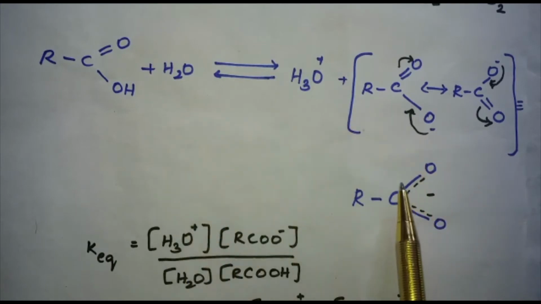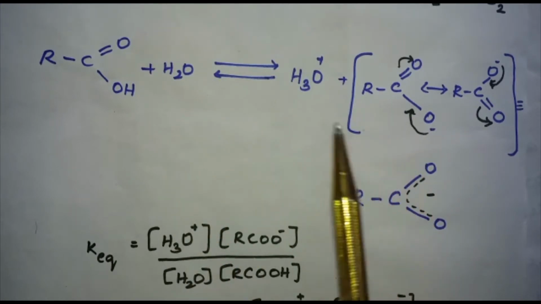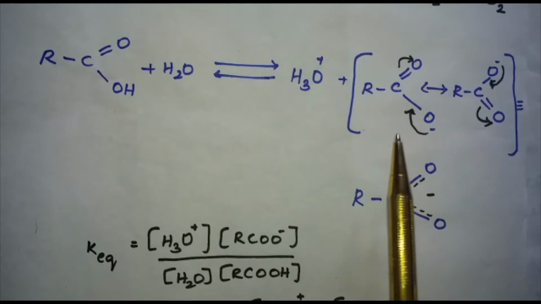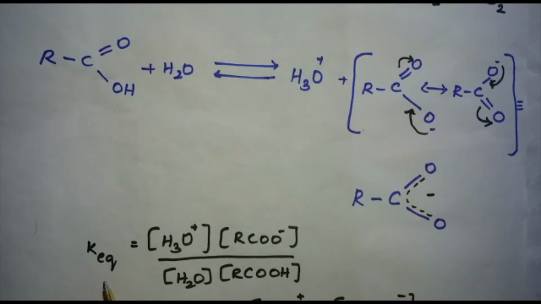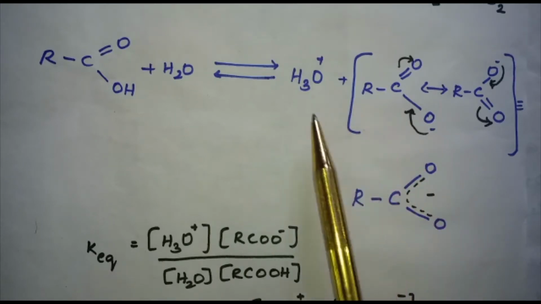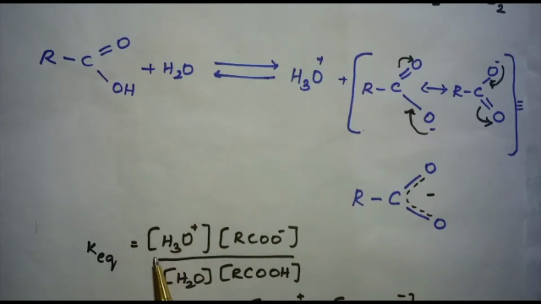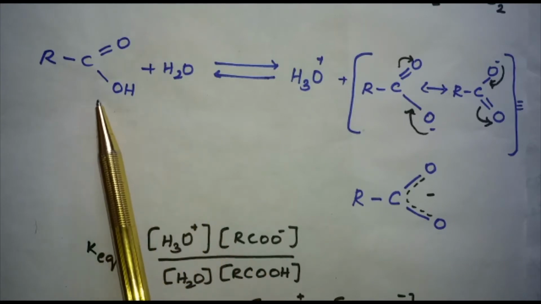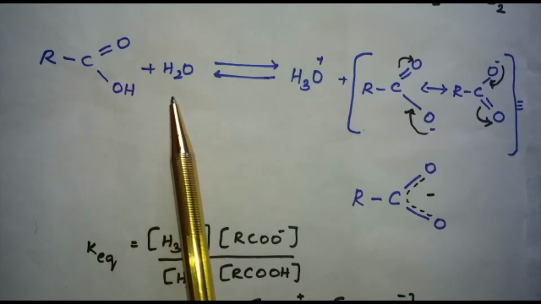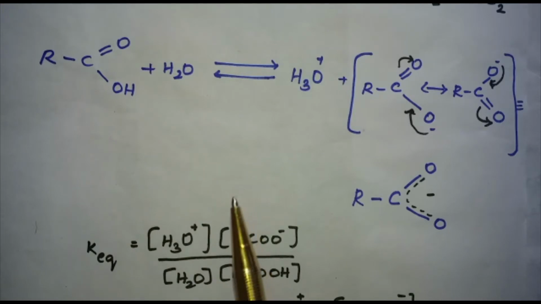For this reaction, we can write the equilibrium equation, that is, K equilibrium is equal to the concentration of products by reactants. The numerator is the concentration of H3O plus and RCOO minus, and the denominator is the reactant side, RCOOH into H2O.